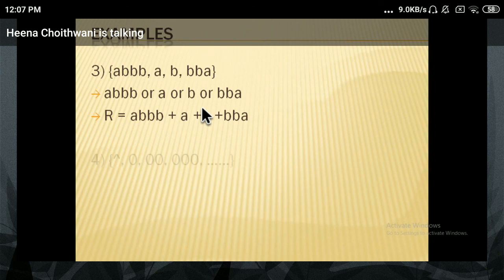Okay. Let's look at the fourth example. Tell me the regular expression for this.